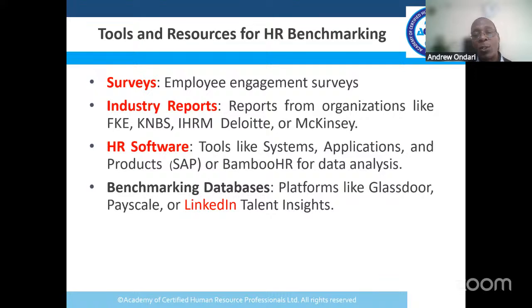And then you can also use other databases like Glassdoor and PayScale. These are all databases which you can obtain online. Some are free, others are paid for. But the one that is most common to us is LinkedIn.